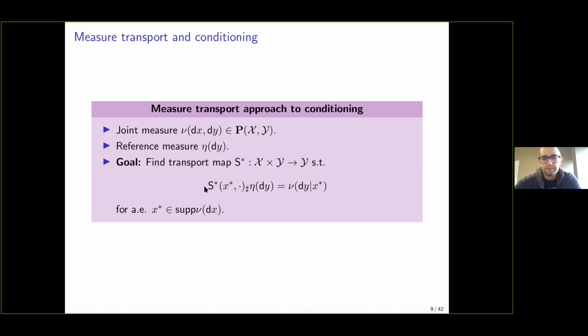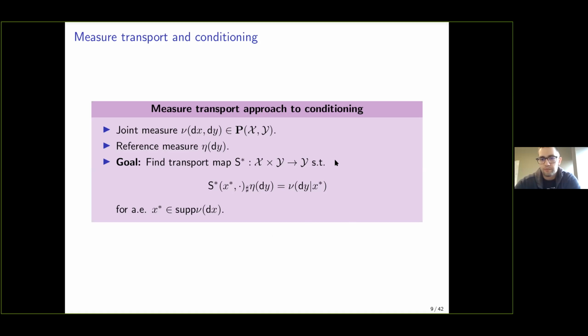You want to find this map in such a way that the push forward of the reference is precisely the conditional that you want. The conditioned variable X star shows up as an input to the map S, and you want this to be true for X star almost everywhere in the support of nu.